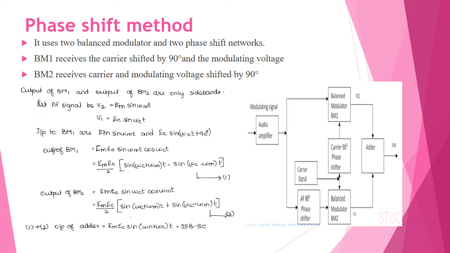So the modulating signal is phase shifted by 90 degrees and applied to the balanced modulator M2. So both the modulators will produce an output consisting of only one sideband. That is, the upper balanced modulator M1 will generate the upper sideband and lower sideband, but each one is shifted by plus 90 degrees.